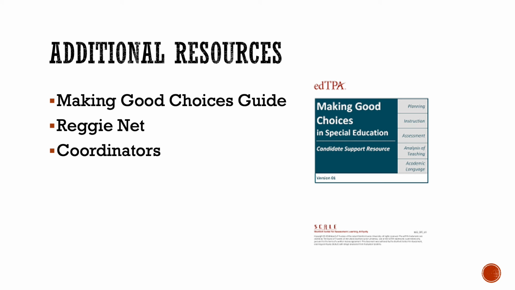Let's talk about some additional resources. Making Good Choices is a support guide that will help you make good choices as you create and implement your edTPA learning segment. It is not a substitute for reading the handbook. Instead, it should be used as a reference where you can find supplementary advice for completing specific components of edTPA as needed.